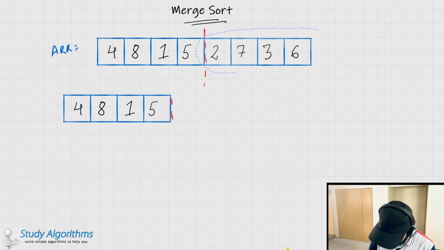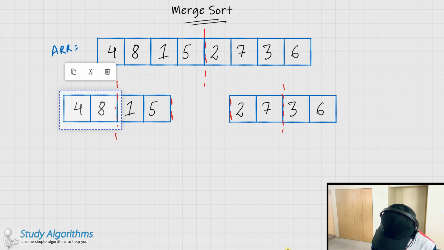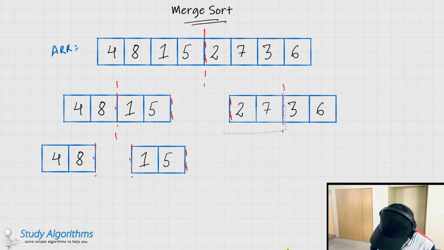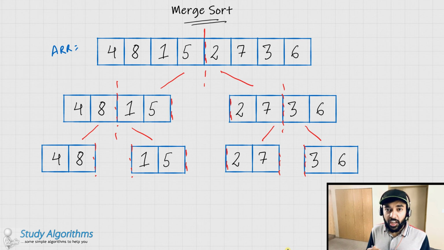Now these problems can be bisected further. We again split them up into two. We are now left with one more level of split, and let me just quickly do that.